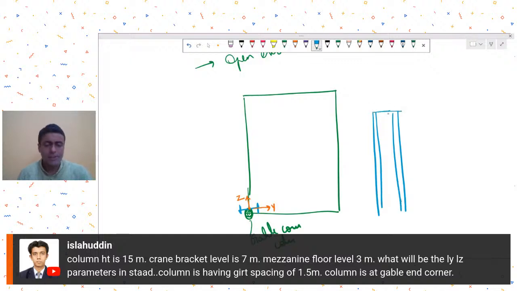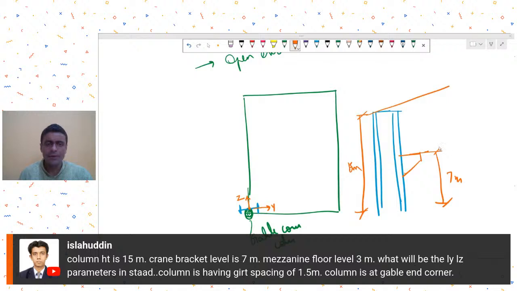And what he's saying, column height is 15 meters, crane bracket is at 7 meters. So let's say your roof is over here. This height is 15 and crane bracket is at 7 meter. This height is 7. Let's forget the mezzanine right now.